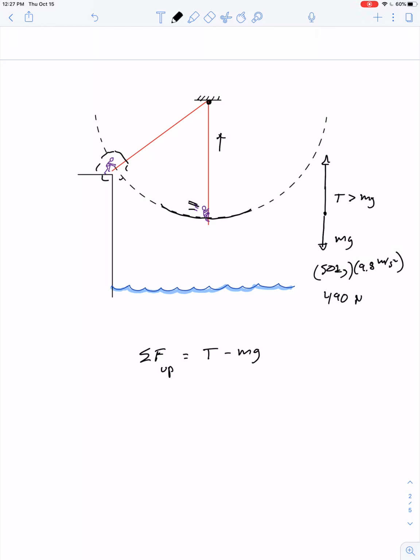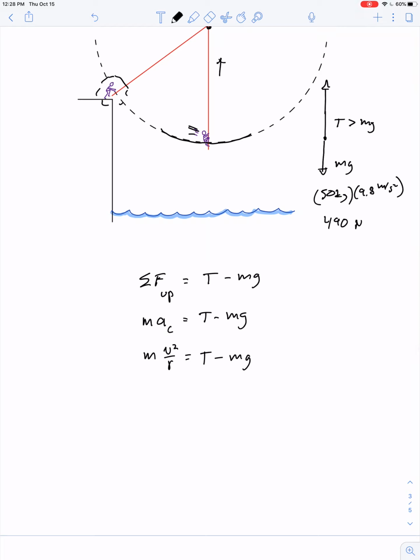Because this is a centripetal force, then we say m times centripetal acceleration is equal to T minus mg. So m times v squared over r is equal to T minus mg. So if we want to find how much tension, it's mg plus mv squared over r.